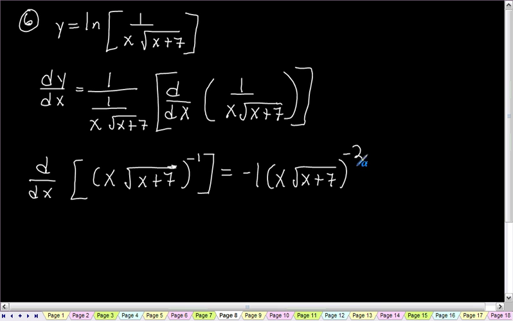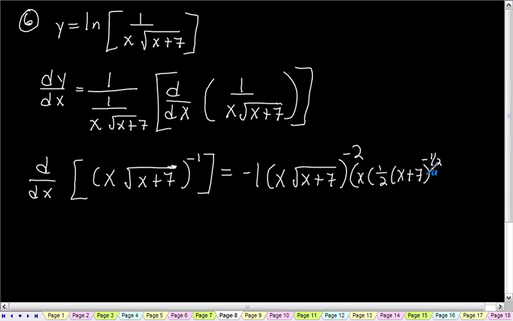Basically, it's the first, right, really small, hopefully it'll fit, times the derivative of the second, which is 1/2 (x plus 7) to the negative 1/2, times the derivative of the inside, which is just 1.